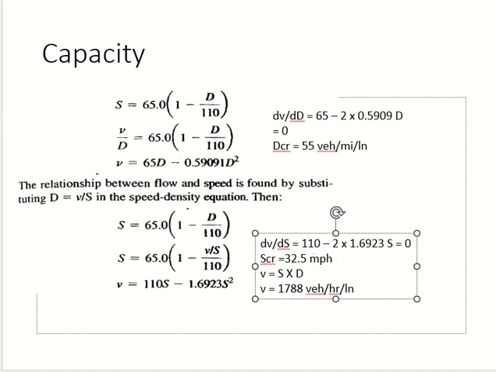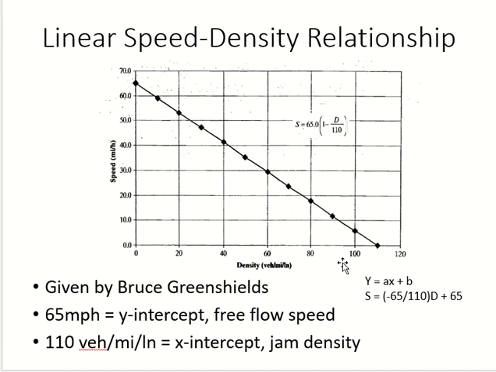Now what type of equation do I have between speed and density? Linear. What type of equation do I have between flow and density and between flow and speed? Parabolic. Now look at the critical density: it is 55. Look at the jam density: it is 110.